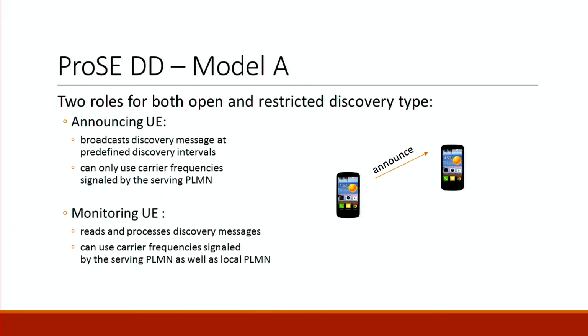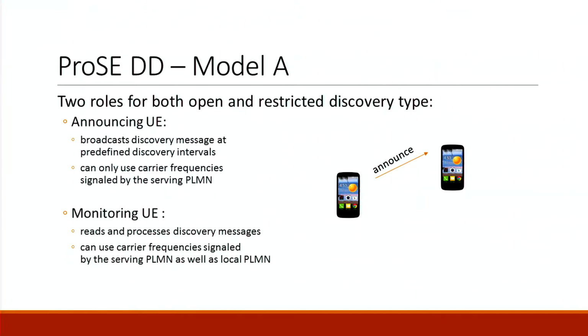Or maybe, depending on what kind of application, it gives permission for model A or for model B. Model A, sorry, is one device announces its presence. Another device monitors and discovers who is there.